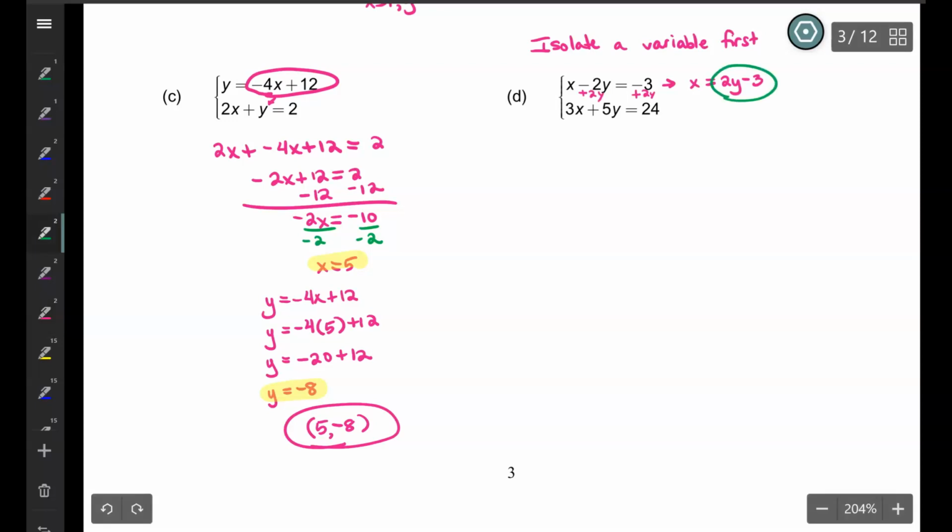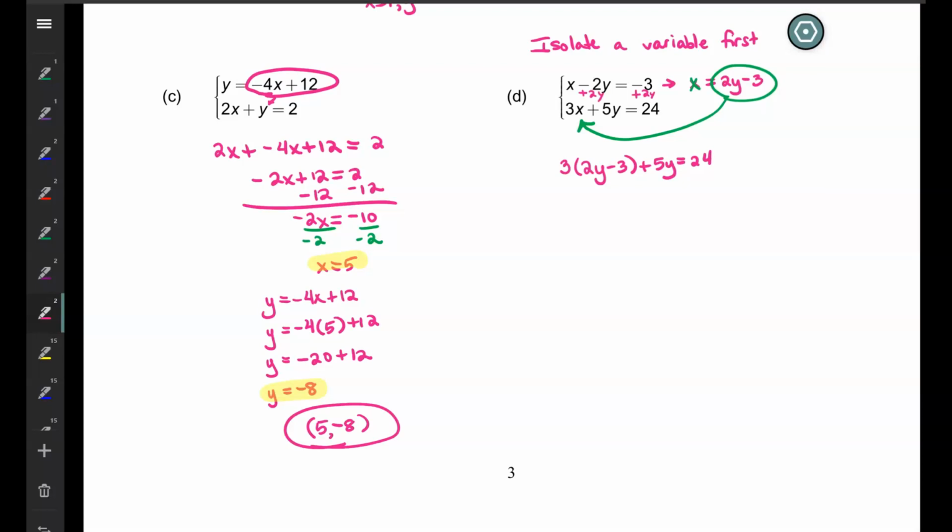Now, I can take 2y minus 3. This time, that's what x is equal to. So I'm going to substitute 2y minus 3, replacing where x is. So I have 3 times 2y minus 3 plus 5y equals 24. All right, go ahead and solve for y. We're going to distribute, so 6y minus 9 plus 5y equals 24.